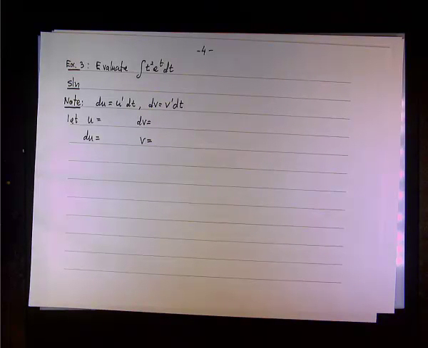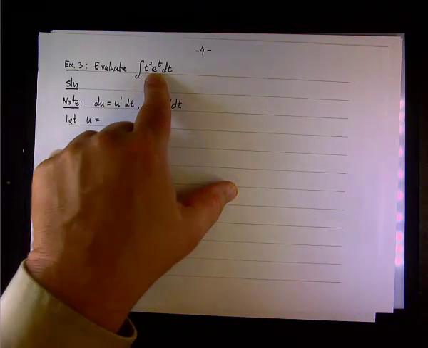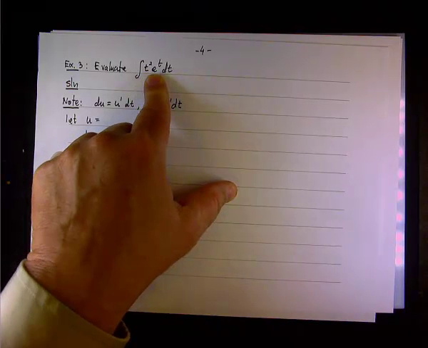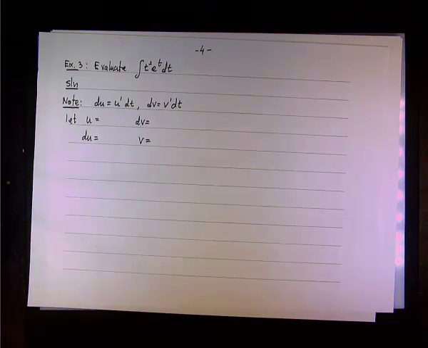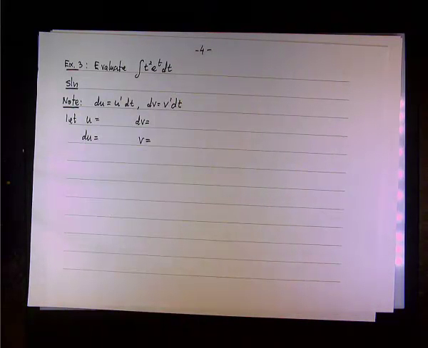Raise your hand. Thank you. The other choice, choice B, is u equal e to the t and dv equal t squared dt. How many people think this is the right choice?